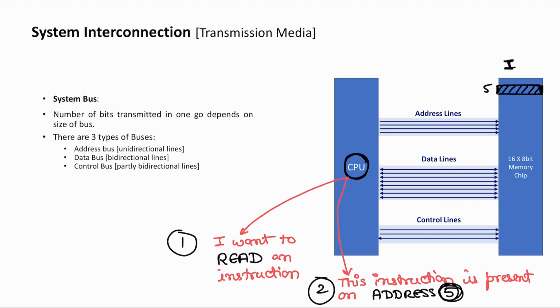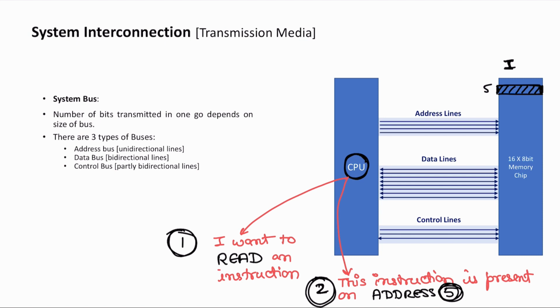Now this second information about the address will be sent by the CPU through some dedicated lines. Eventually CPU will use the system bus to inform these two things to main memory. How will it do that?